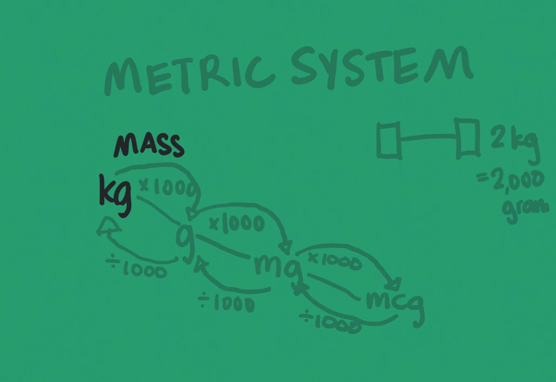So if we lifted this weight, we could say I'm lifting 2,000 grams or I'm lifting 2 kilograms. That's the same weight. It would feel the same in our hand, but we would be describing it in two different ways. And so this is where we can use what we know about the differences between a kilogram and a gram, or a microgram and a milligram, or a milligram and a gram. We can use that information to convert from different units of measure. And this is very, very helpful in your dose calculations.